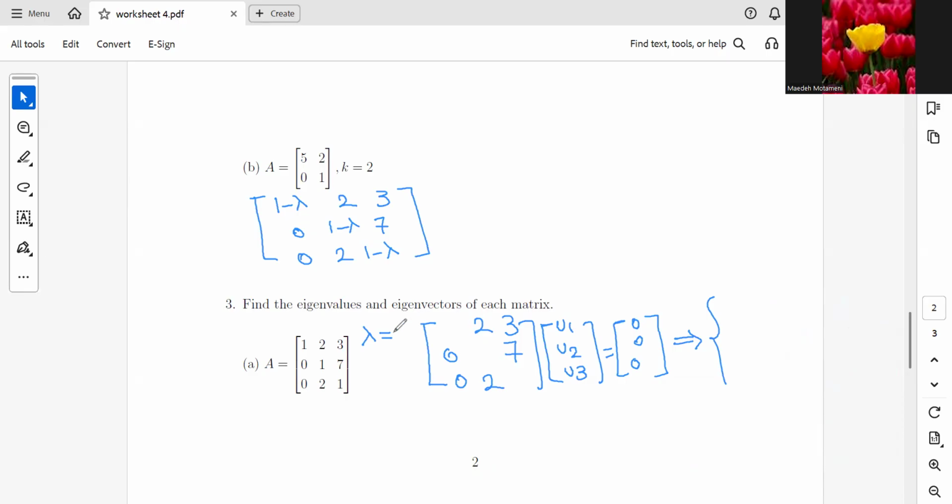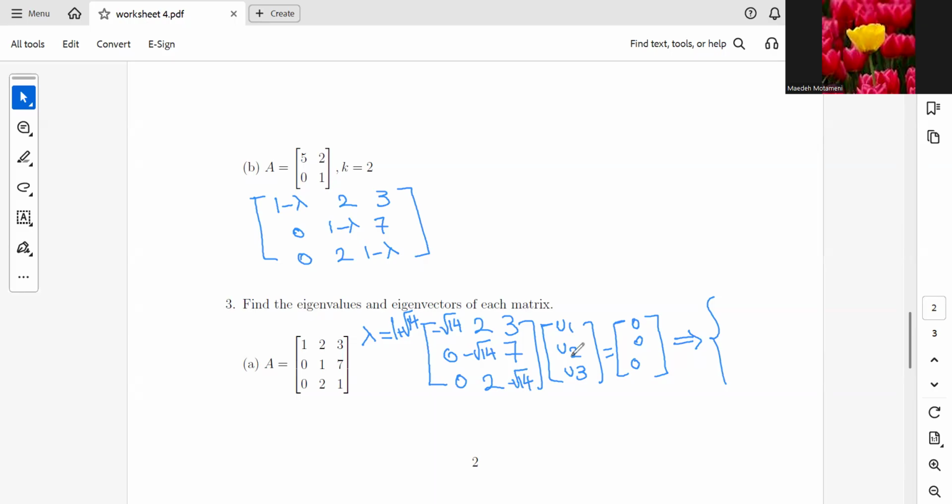This time, lambda will be 1 plus the square root of 14. So plugging in 1 plus the square root of 14, we would get negative square root of 14 for these entries.